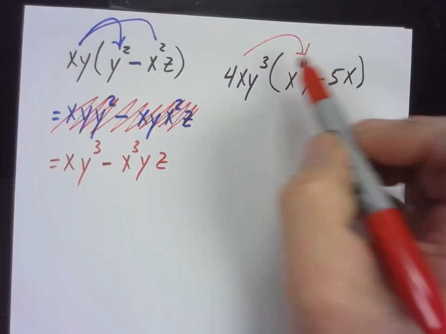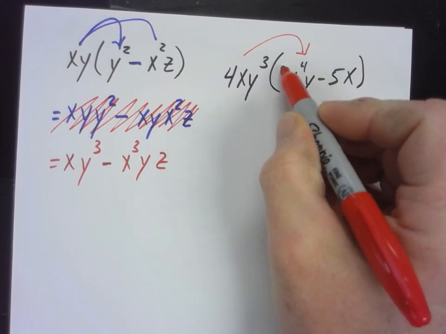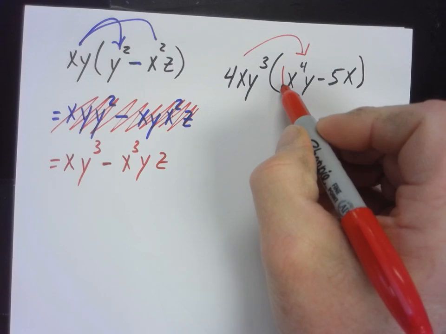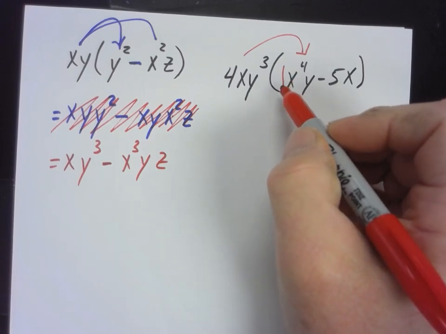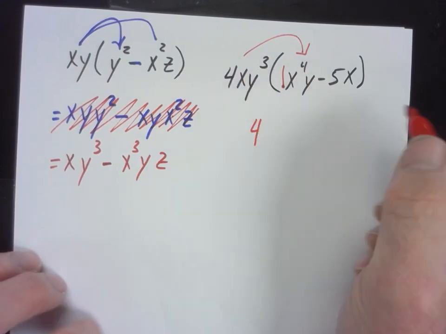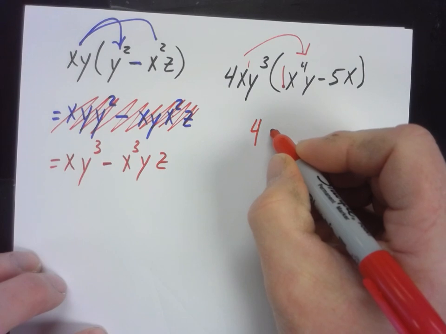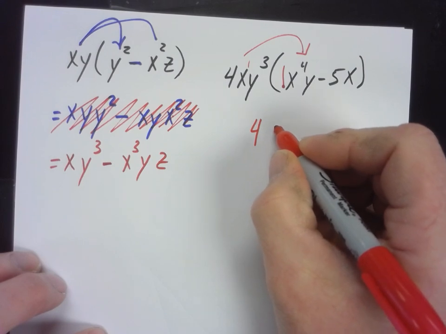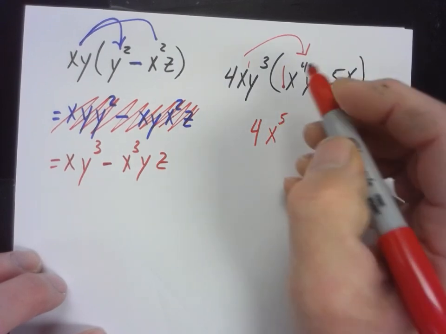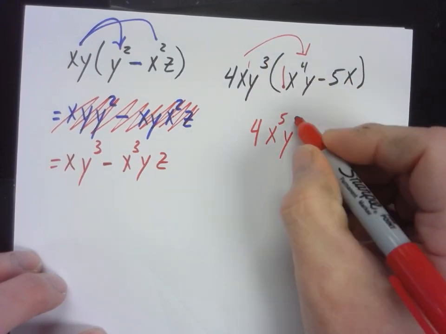Ready? 4 times what? Times what? Isn't the coefficient there 1? Okay, so we are literally going 4 times 1 is 4. What about x to the 1st times x to the 4th? Okay. How about y cubed times y? Y to the 4th. Okay.